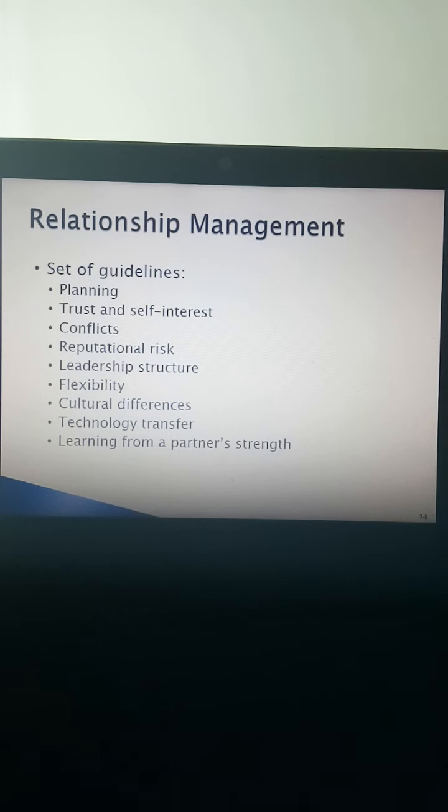If partners fail to respond to the cultural variations, the relationship may not work and fails. Okay, guideline number 8, regarding technology transfers.